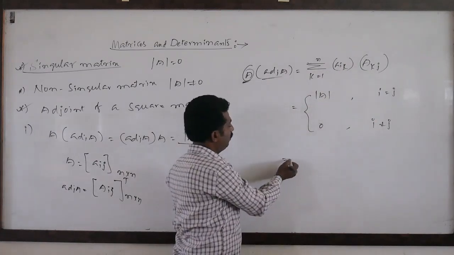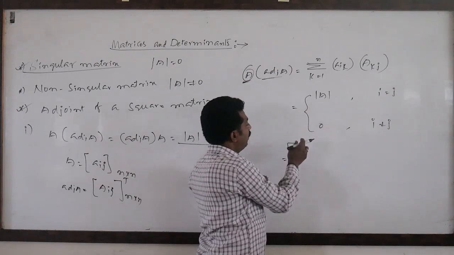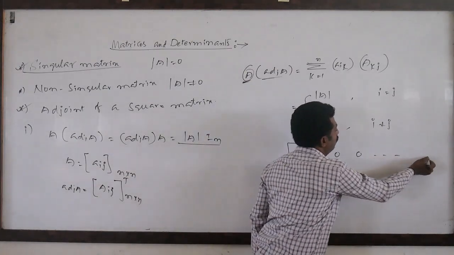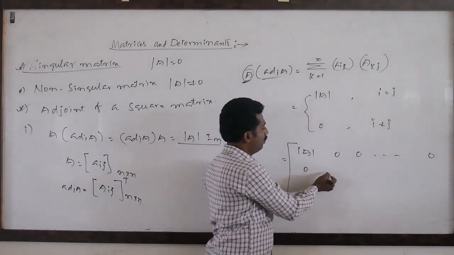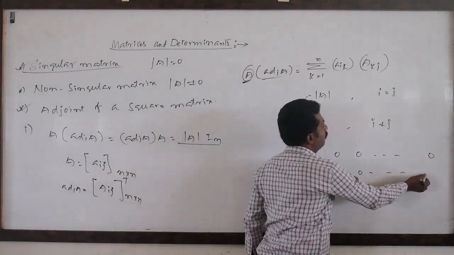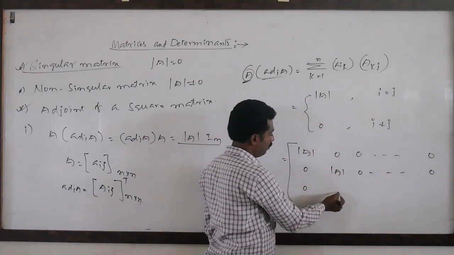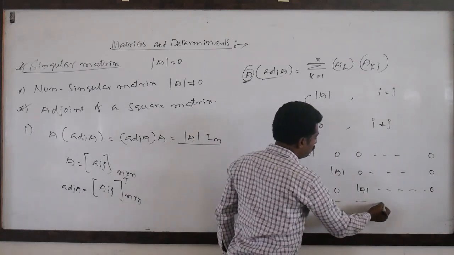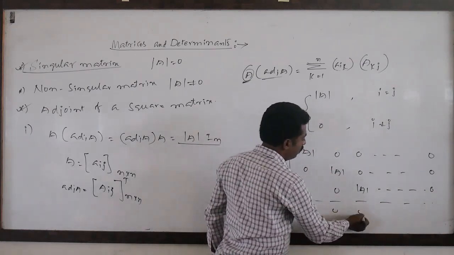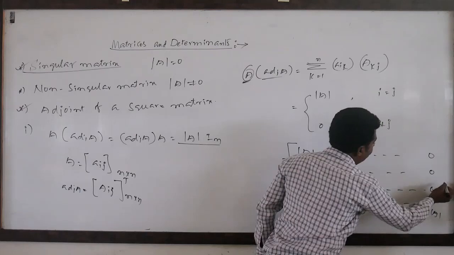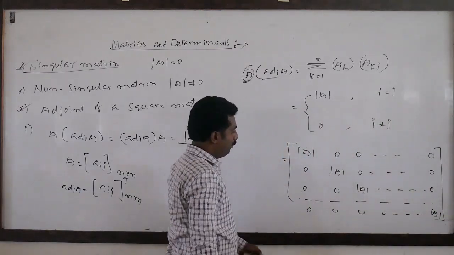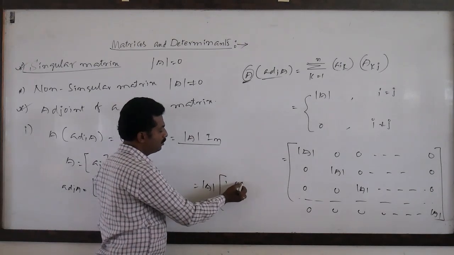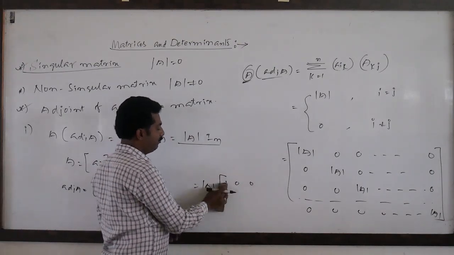So finally we can write: determinant of A, 0, and so on; then 0, determinant of A, 0, and so on; and like this, down to determinant of A. If you take determinant of A common, you get 1, 0, and so on, so the identity matrix comes.